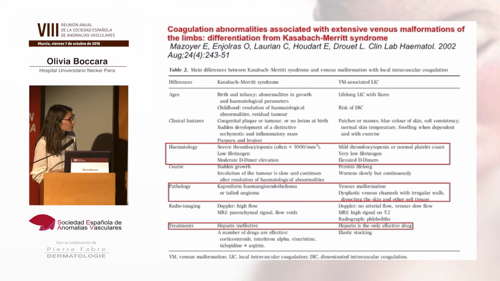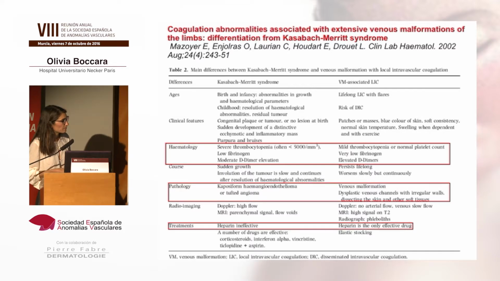The biological features are also completely different, and it has been shown in this paper. Even if in the two situations the D-dimer will be elevated, perhaps the platelets can be lowered in the venous malformation, the mechanism is completely different.